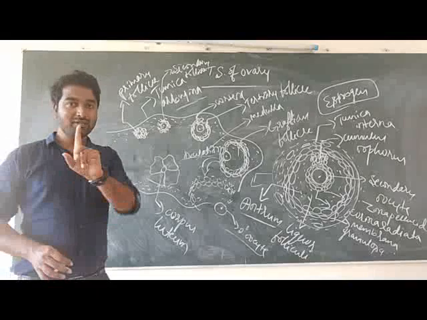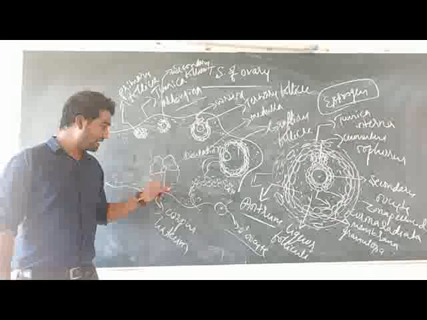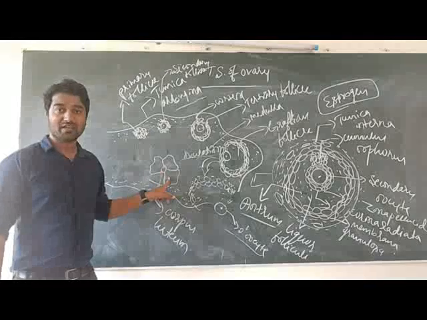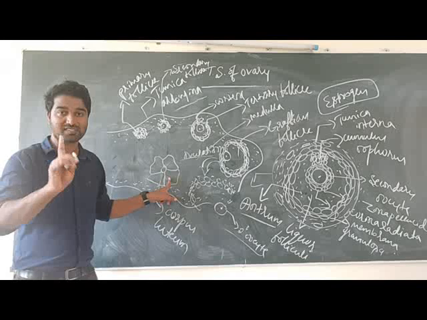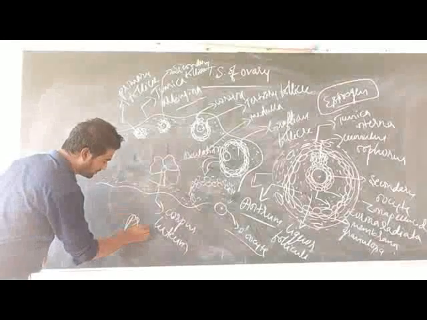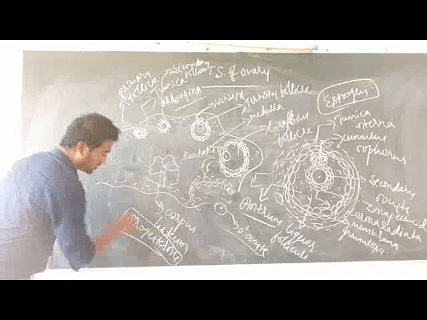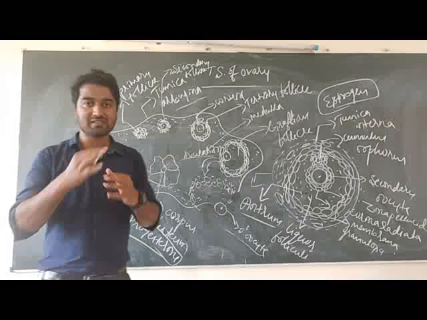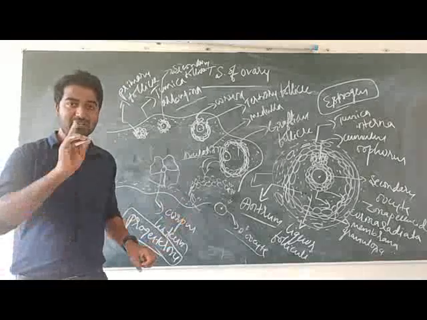That means one temporary endocrine gland is present in the female body, that is the corpus luteum. The reason is it secretes one hormone, the progesterone hormone. This is the temporary endocrine gland present in the female body, which secretes progesterone hormone.